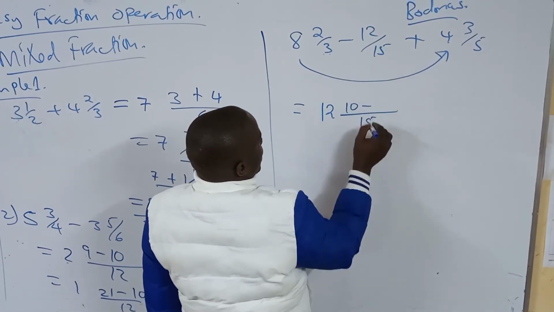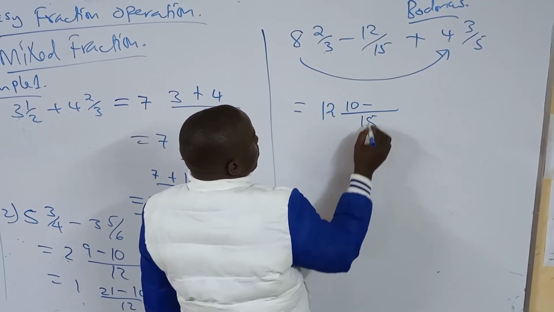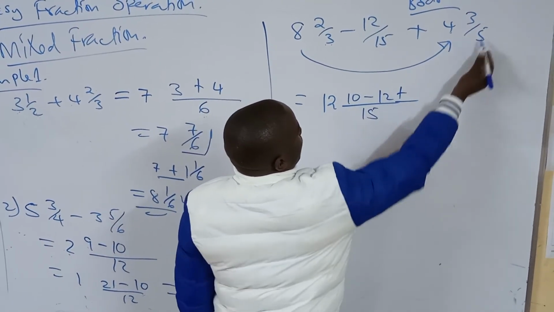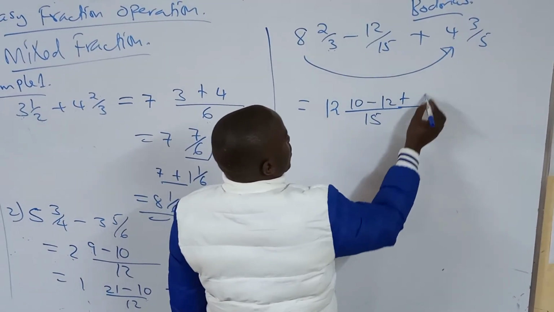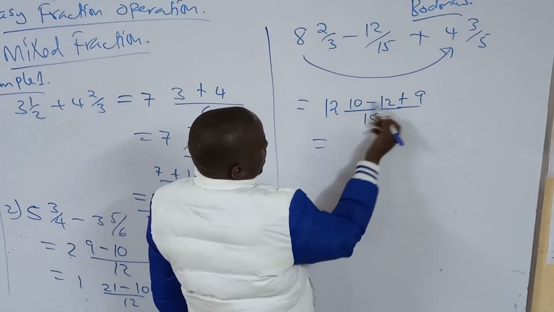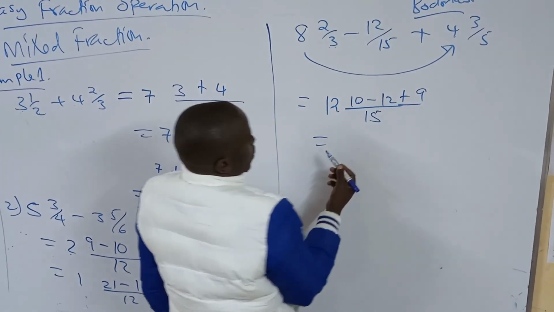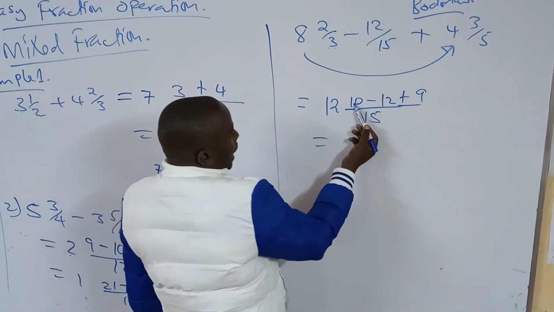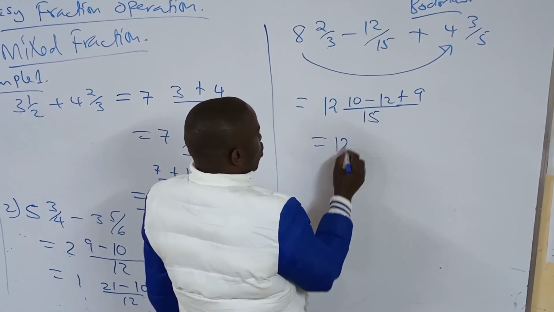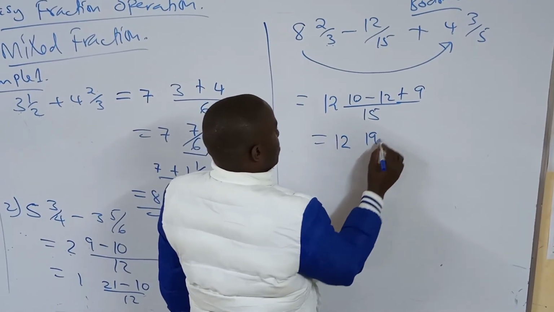Then minus, 15 goes there 1 time, 1 times 12 is 12. Then plus, 5 goes into 15 3 times, 3 times 3 is 9. So by using BODMAS, we deal with the numerator first, you find that it is 10 plus 9, which is 19. So now it will be 12 and 19.